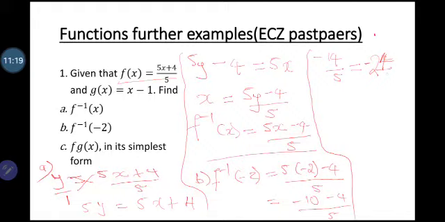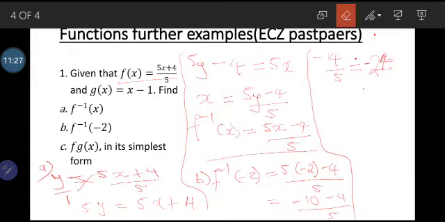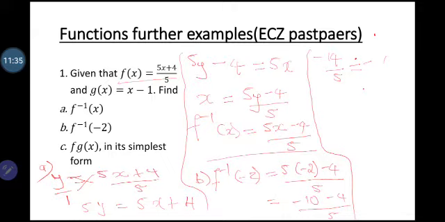Just write the 4 properly. So negative 2 and remainder 4 over 5. So this is our f inverse of negative 2.